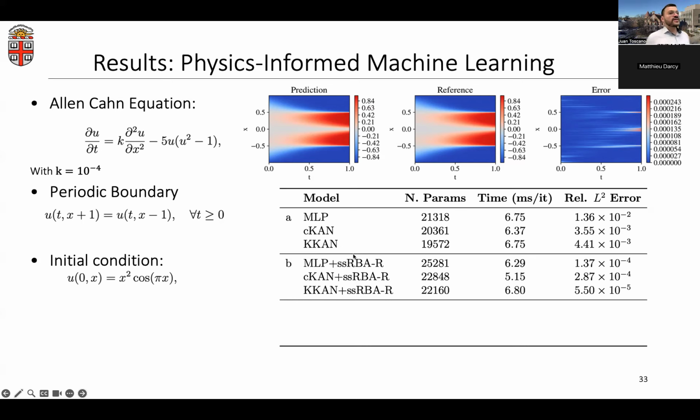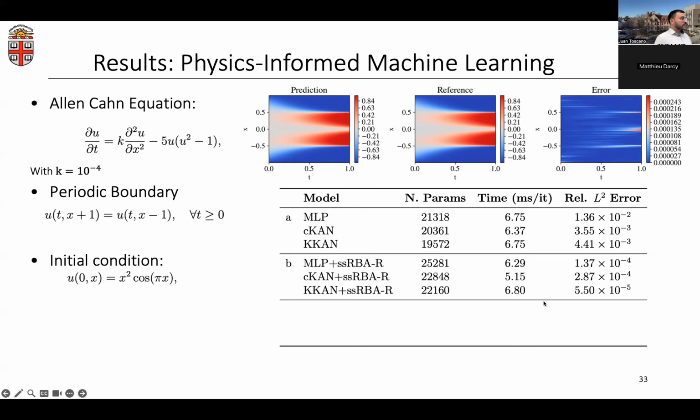The modified MLP is an improved MLP, let's call it that way. We can use that both for MLP and for KCAN, but we cannot use it for CCAN. This is promising because it means that if we manage to get analogs of these nice methods for CCANs, we may be able to reduce the error a bit further, since they don't have that many adaptations yet. The error is quite good, right?